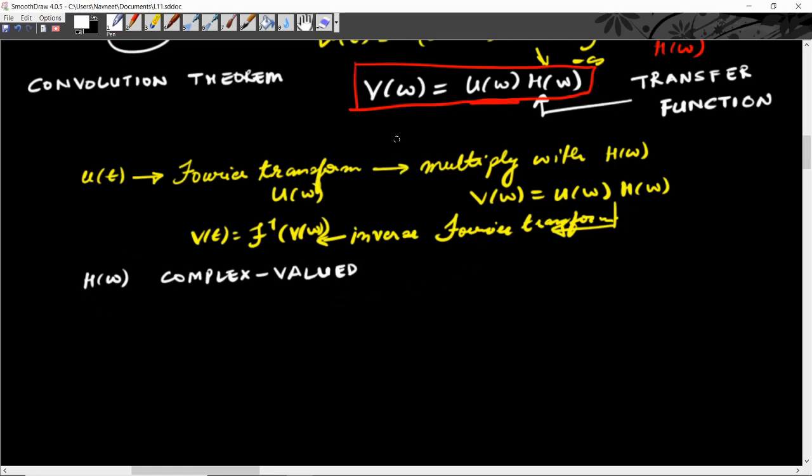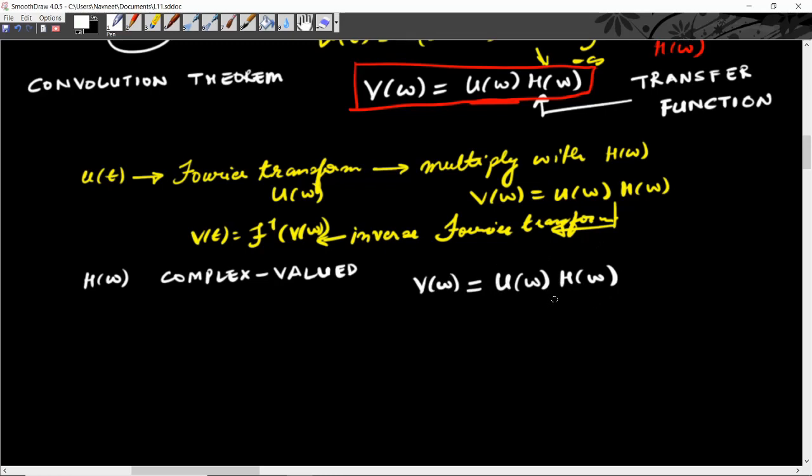That means that when we multiply the Fourier transform of the input signal with this complex valued transfer function, not only do we change the magnitude of the signal, but we also change the phase of the signal.